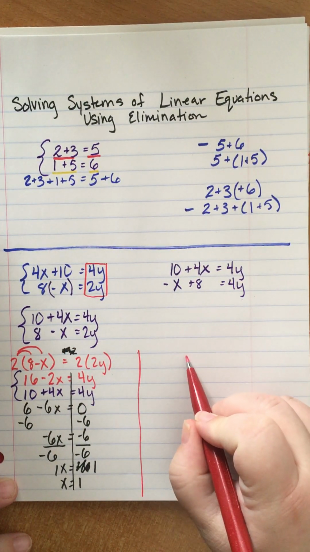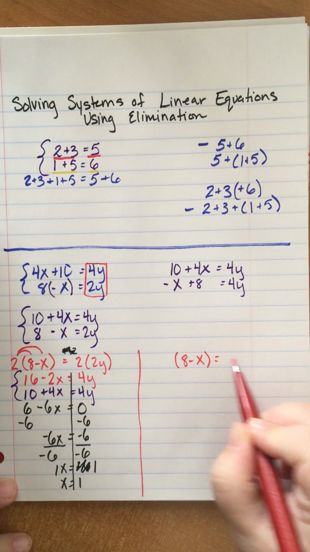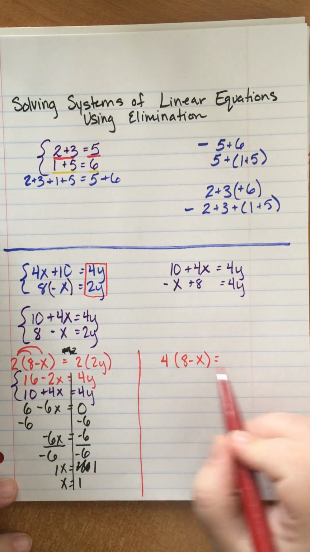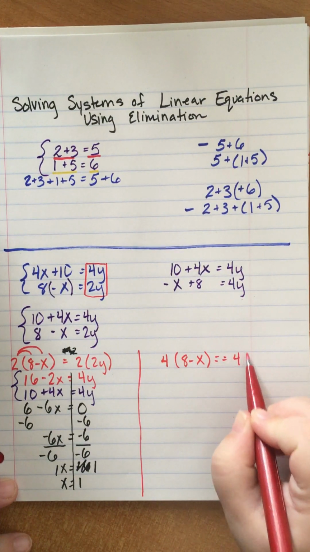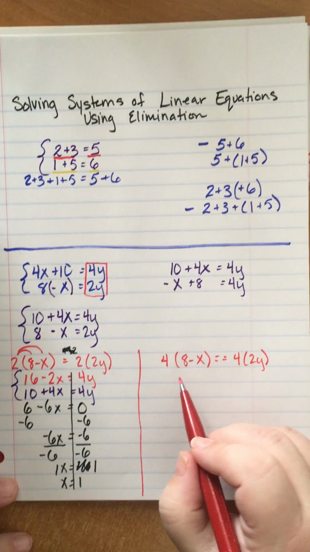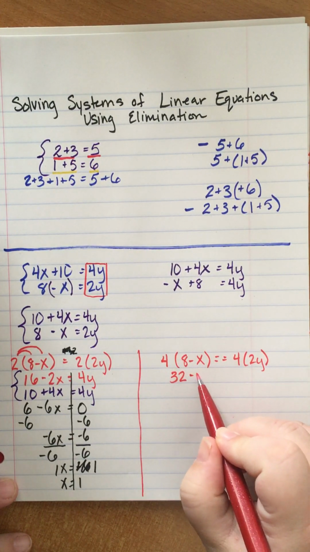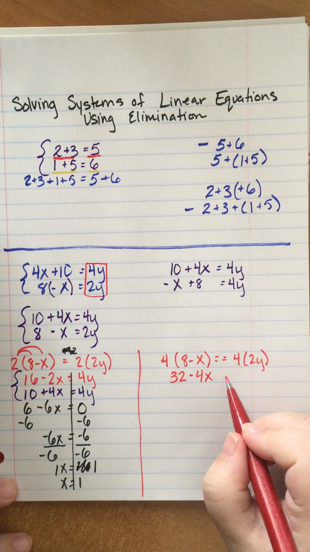So I'm actually going to use the same equation. I'm going to modify the same one, but this time I'm going to multiply it by 4 to get what I want. So 4 times 8 is 32. 4 times negative x is negative 4x.